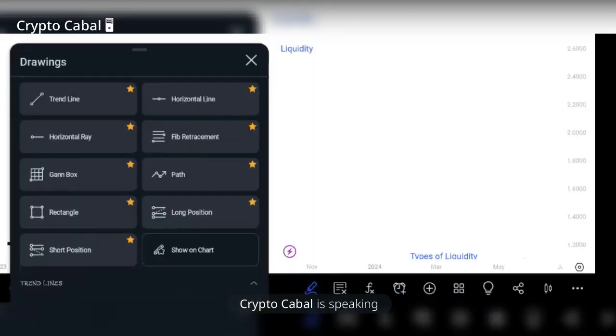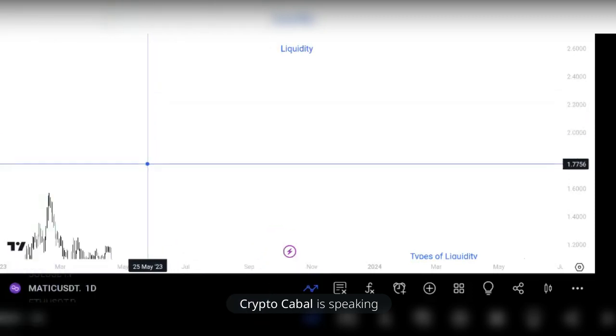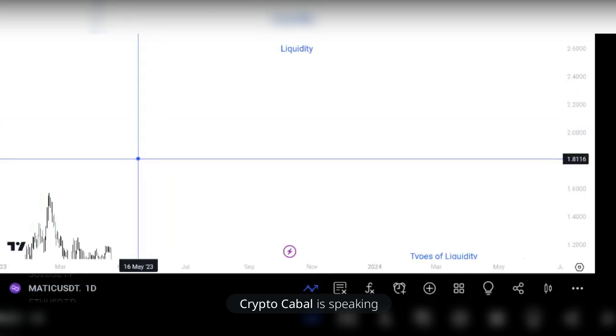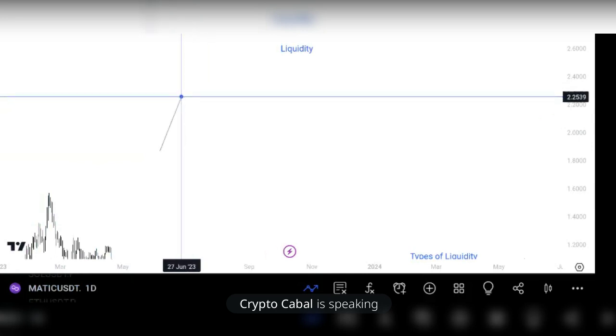Now, when a double top is formed, let's say we have something like this.